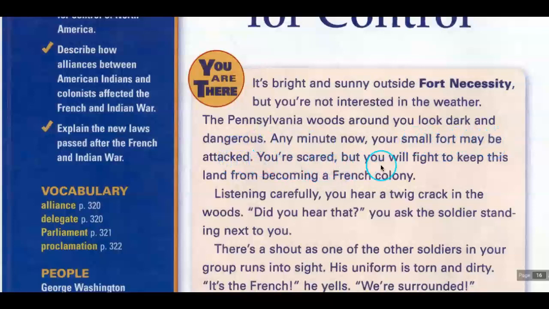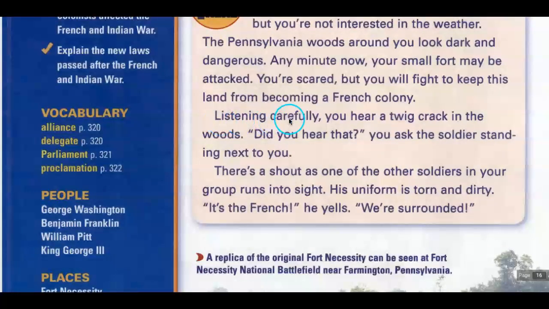You're scared, but you will fight to keep this land from becoming a French colony. Listening carefully, you hear a twig crack in the woods. Did you hear that? You ask the soldier standing next to you. There's a shout as one of the other soldiers in your group runs into sight. His uniform is torn and dirty. It's the French, he yells. We're surrounded.